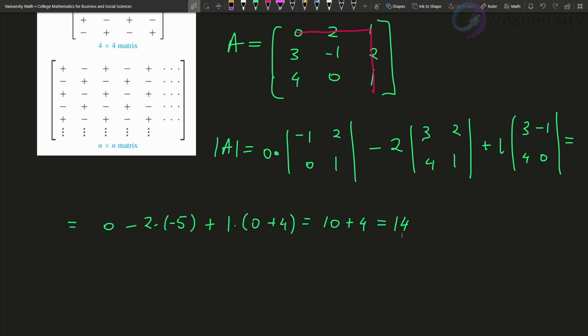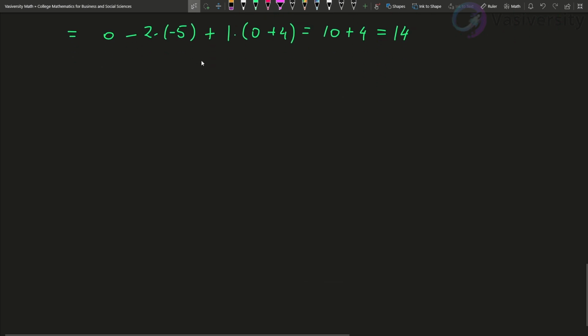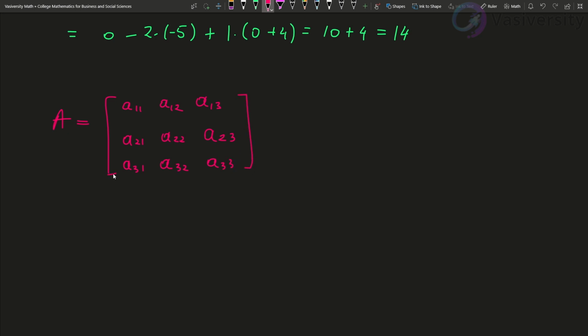And we can also use the triangle rule. So let's try to do this. If we have matrix A, I'm going to write down the general form: A11, A12, A13, A21, A22, A23, A31, A32, A33. The triangle rule of matrices is the following.